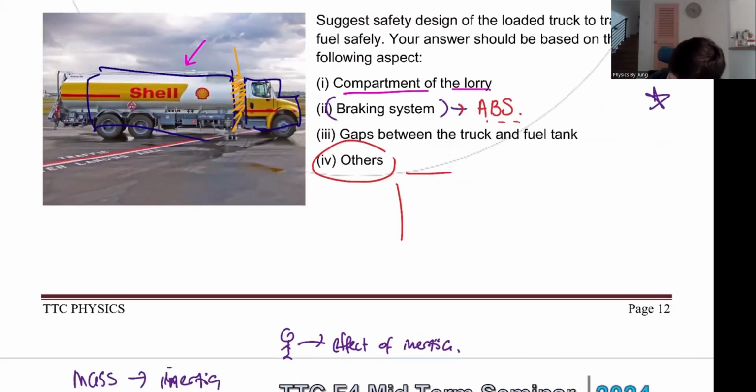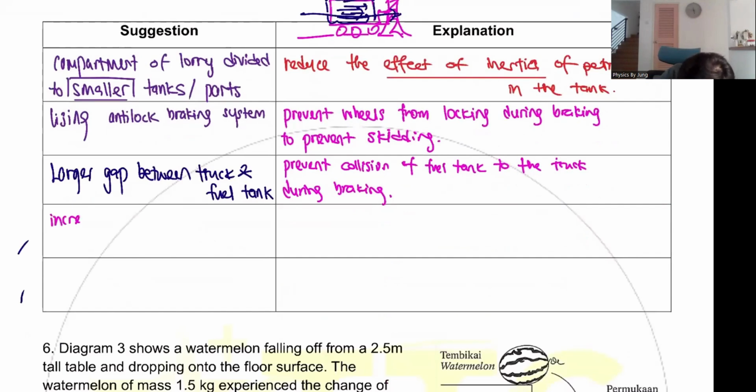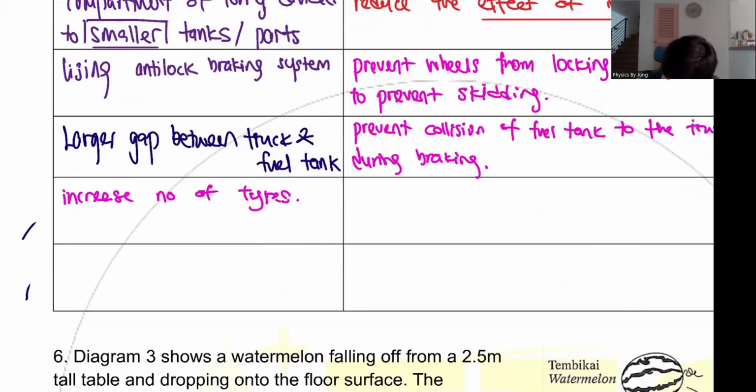Now, so the other answer is that I can increase the number of tires. Remember, don't say width of tire. Okay, can? All right. Now, increase number of tires, so what can I do?